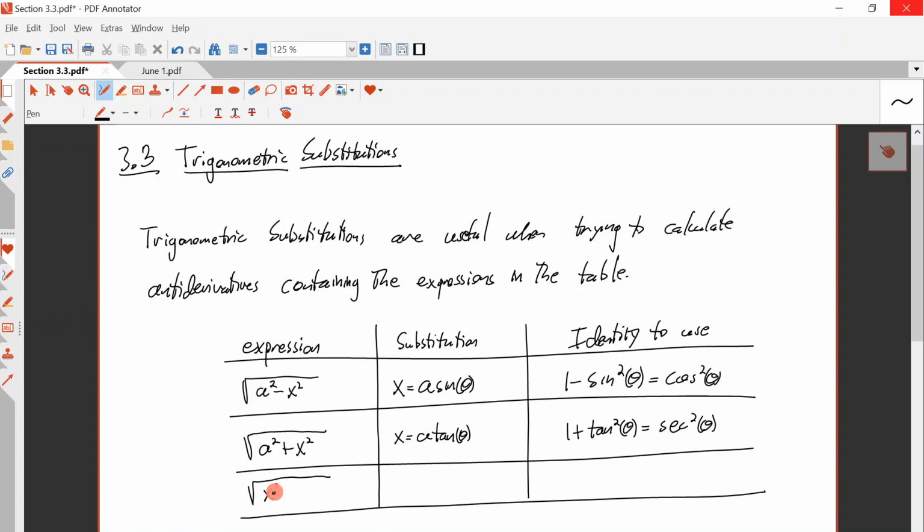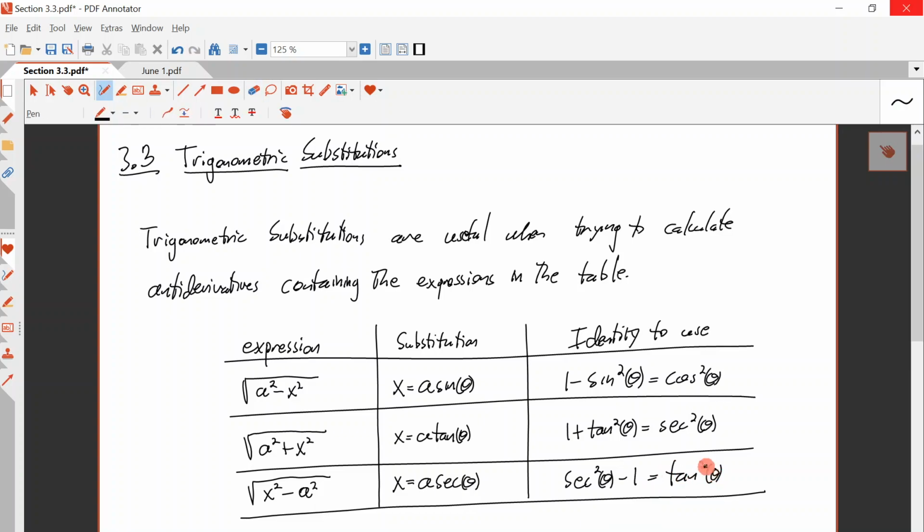And then also x squared minus a squared, different than this one, right? It's the negative of that. So, this is positive exactly where this is negative. So there are two different expressions, really. And here you use the substitution x equals a secant theta and use the identity secant squared theta minus 1 equals tangent squared theta.